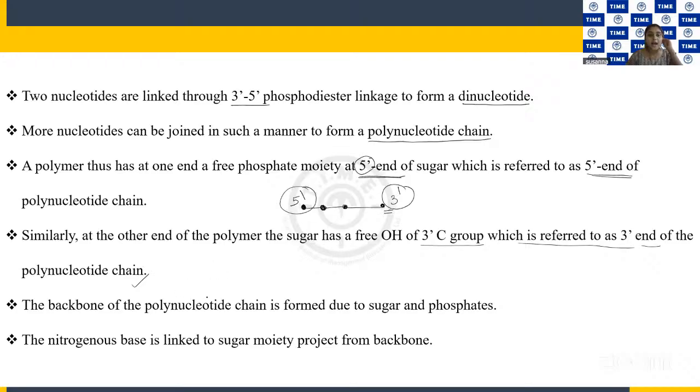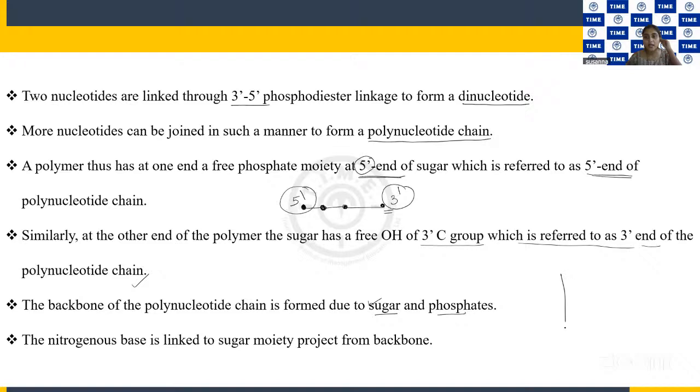The backbone of the polynucleotide chain is formed due to sugar and phosphate. So when you take the case of the polynucleotide chain, the backbone is formed through what? The sugar and the phosphate groups. Then the nitrogenous bases linked to the sugar moiety project from the backbone.